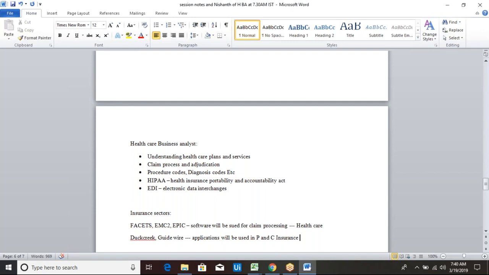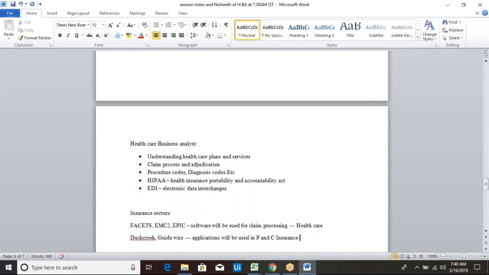So as a BA, we have to understand those and prepare necessary documents relating to the requirements, and make sure technical people use them accordingly. This is generally another role which a BA plays, apart from the responsibilities we mentioned earlier. So these are the major responsibilities of a BA.